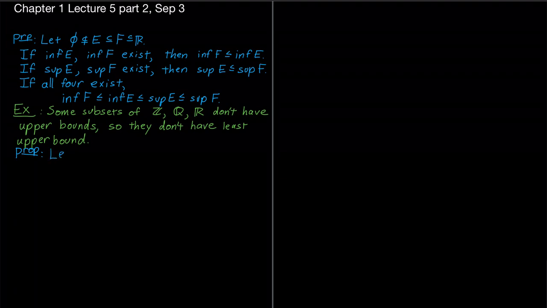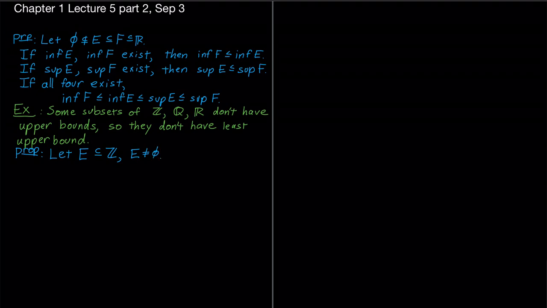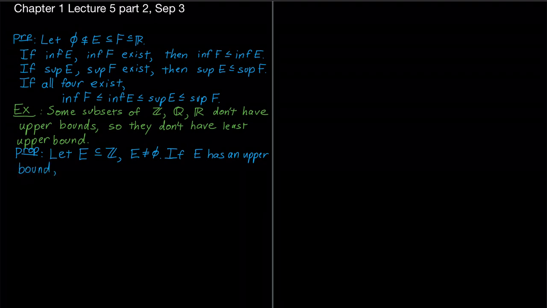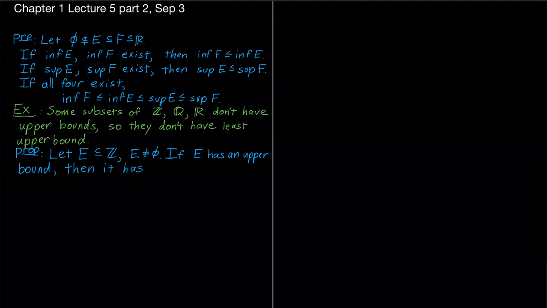That is, if you've got a subset of the natural numbers that's not empty, then if the subset has an upper bound at all, then it has a least upper bound.